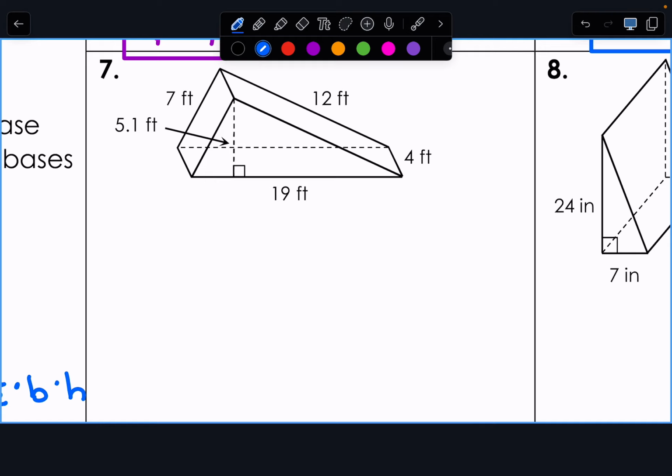Area of the triangle times the height. When we get to work. What's that say? Incorrect.